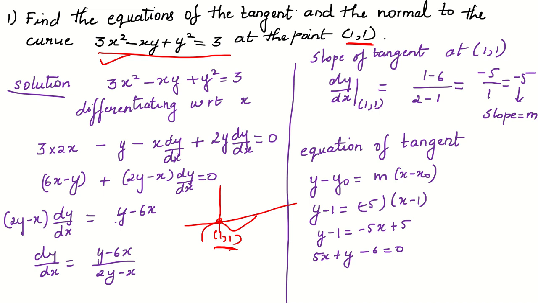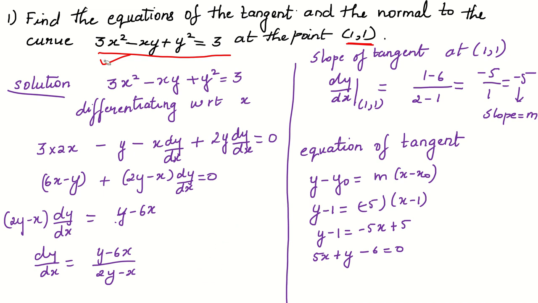Now, the normal is a line which is perpendicular to the tangent, so the slope of the normal will be minus 1 upon the slope of the tangent. And the same point 1 comma 1 lies on the normal also, so with that help, we'll find the equation of the normal too.